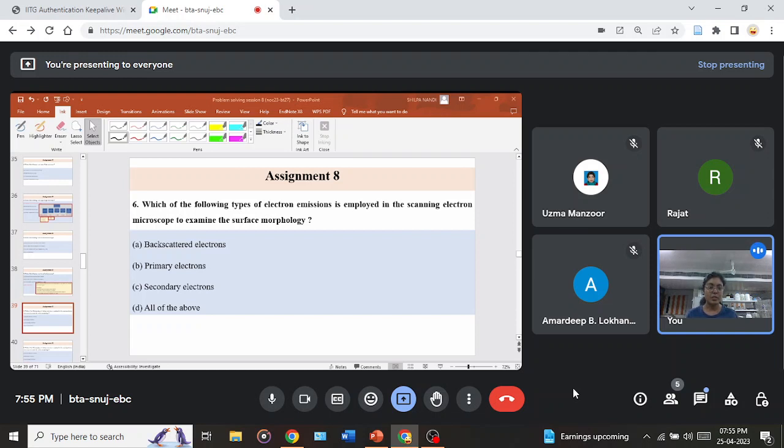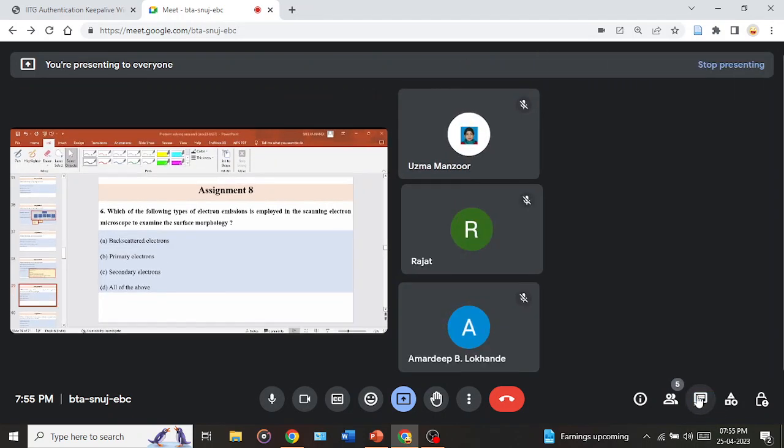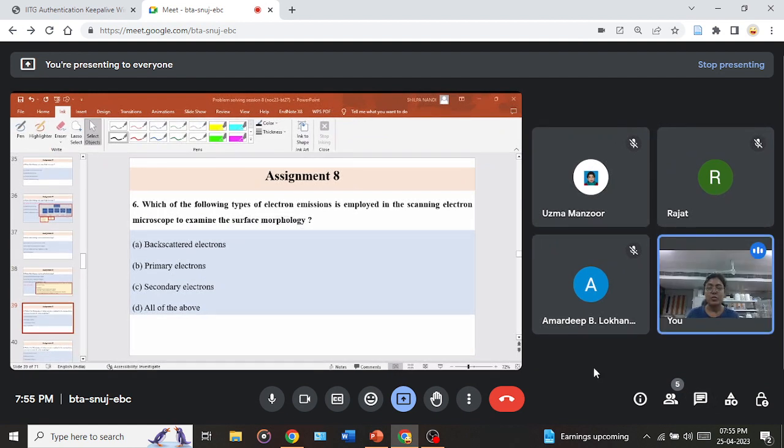So one of the answers, that is C. Did anyone say C? Okay, yes. So I've got the answer as C, secondary electrons, but it is not the correct one. So you can try again.